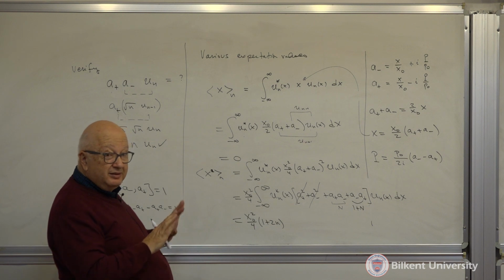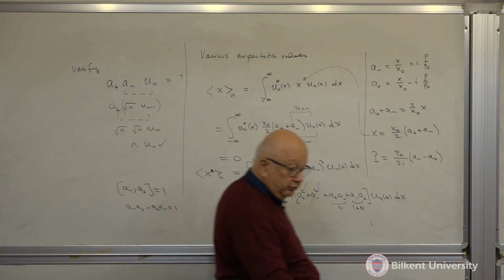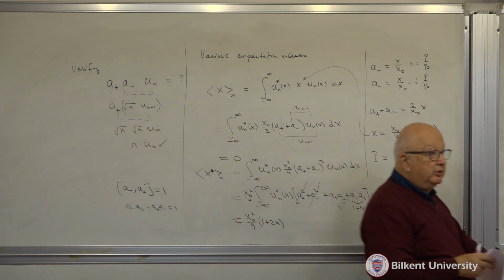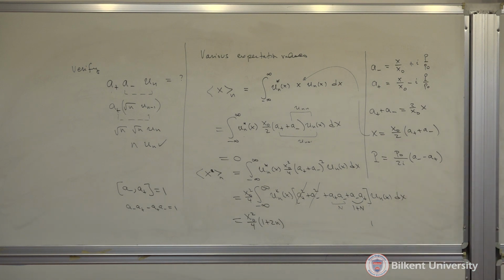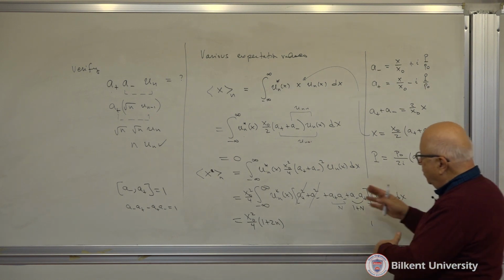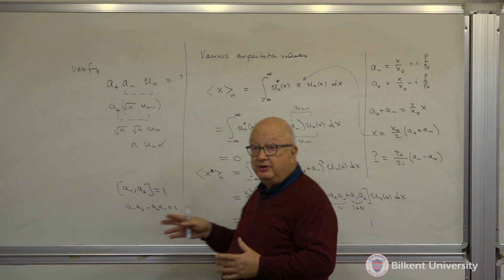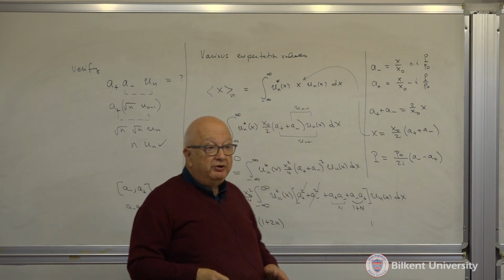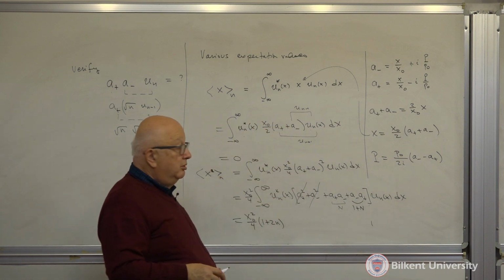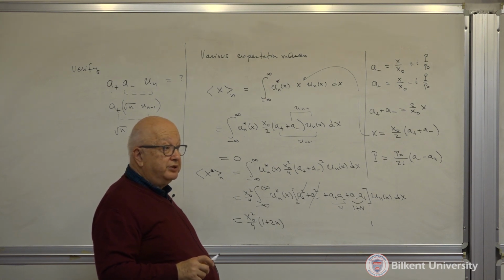So you see, this operator technique is so powerful. You do not even know the wave functions. You don't know the actual wave functions, but you know these relations with operators and everything, which lets you do all of these things.